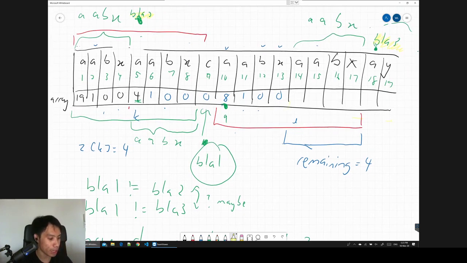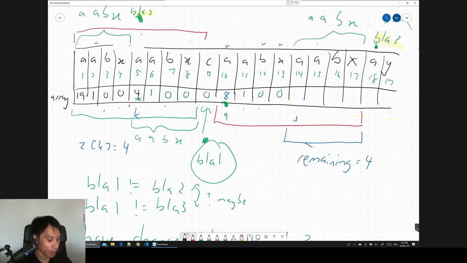It means my number over here will be greater than 4, because it is possible for me to have a Z box which is bigger. Okay, so I'm going to start comparing from blah 3 onwards. You do not want to compare what is inside the box.